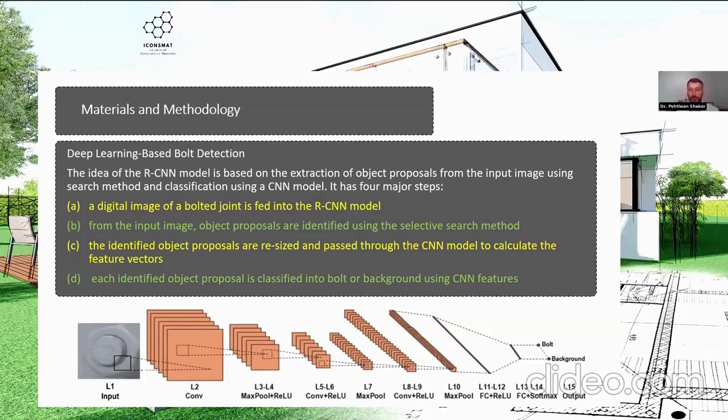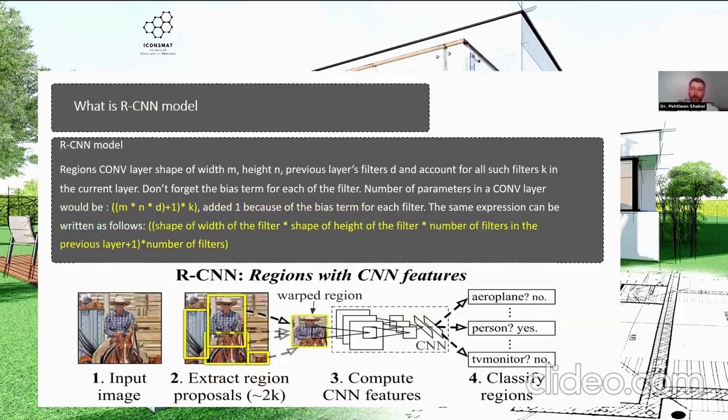Here we have an equation to calculate those things, which is m multiplied by n multiplied by (d plus 1) in brackets, multiplied all by k. This means the shape width of the filter multiplied by the shape height of the filter multiplied by the number of filters in the previous layer plus 1, all of them multiplied by the number of filters.